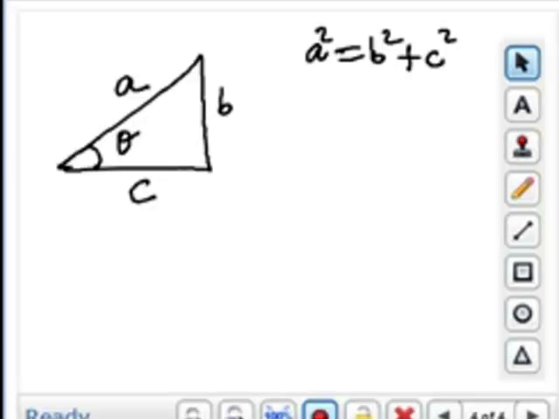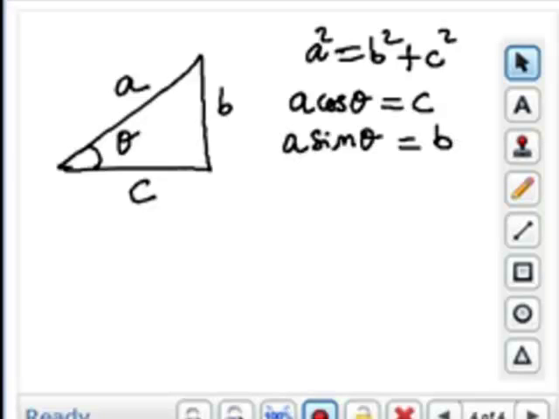There is one that tells us that A times cosine theta is equal to C. Similarly, A sine theta is equal to B. Right? Does everybody recognize those equations? If not, let me know. Okay, so far so good.